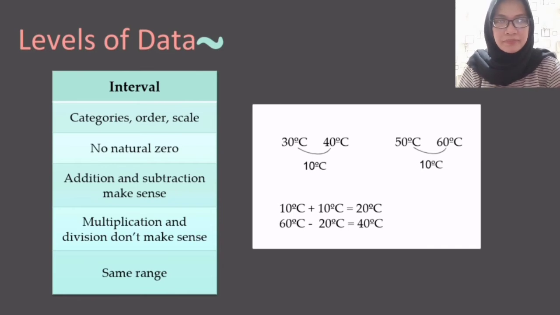For example, 10 degrees Celsius plus 10 degrees Celsius is 20 degrees Celsius. We can add it, and we can subtract it, and we cannot do multiplication and division because it will not make sense, and it has the same range.